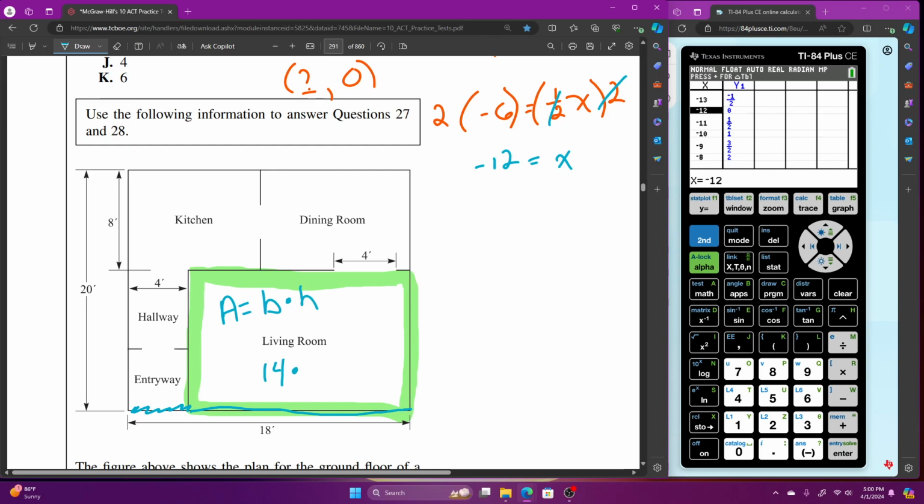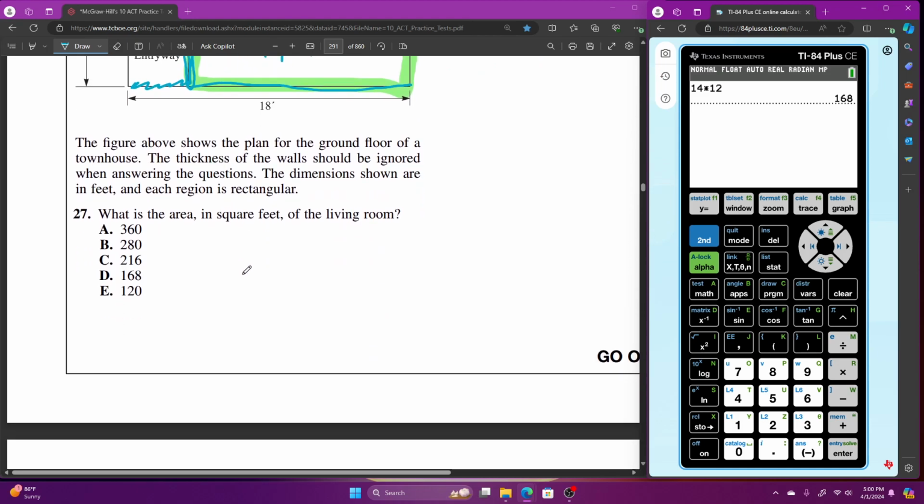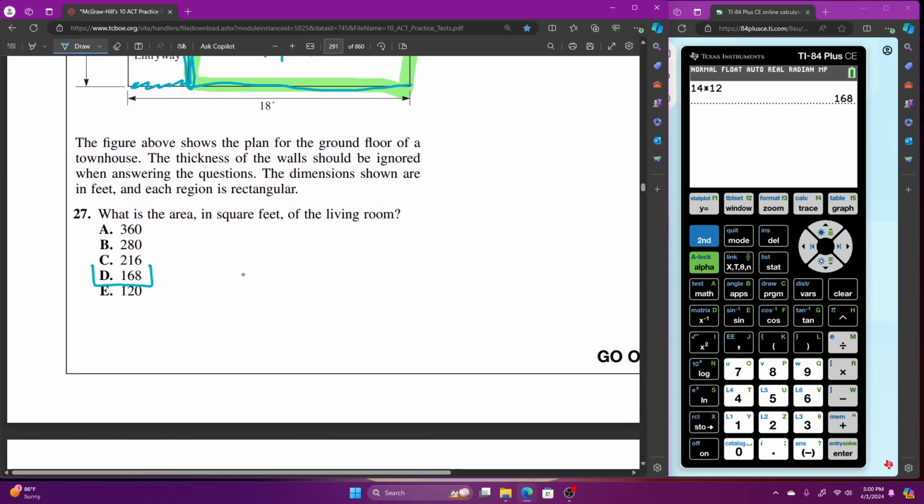So my height of the living room, or my width of the living room, however you want to look at it, I know all the way across the house is 20, but the kitchen is 8, and the living room doesn't go past the kitchen. So 20 minus 8, that's 12. And now 14 times 12 in square feet, we have 168 square feet. We got our answer for number 27.